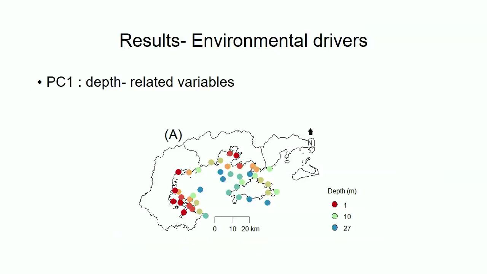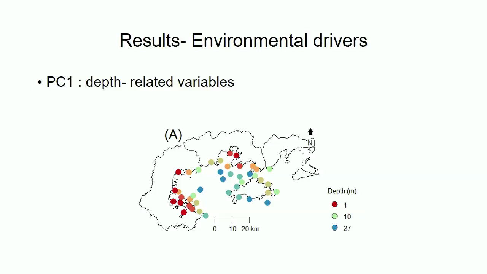Most of the time, the first principal component was the one that got selected most often, and it's mostly related to depth variables in general. In the bay, on the west side, you have the shallower waters, and as you would expect, you also have shallow waters around the coastline, whereas in the central part and around the island you have the deepest waters.